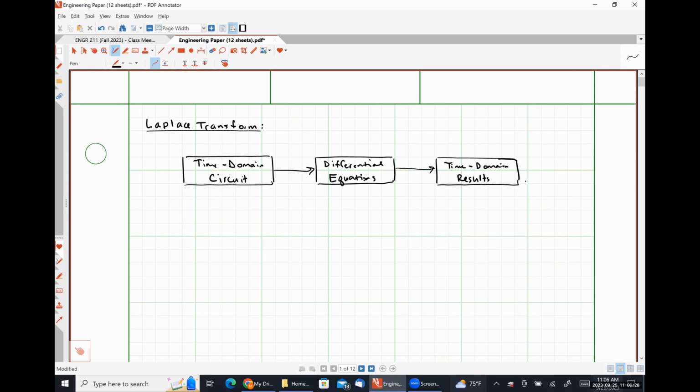Okay. So now let's add parallel to this path our frequency domain, right? So how we adjusted our solution process is as follows. We transform our circuit from the time domain into the frequency domain. We did that by representing all of our voltages and currents as phasor voltages and currents. Working in the frequency domain, all of our differential equations now look like simple algebraic relationships.